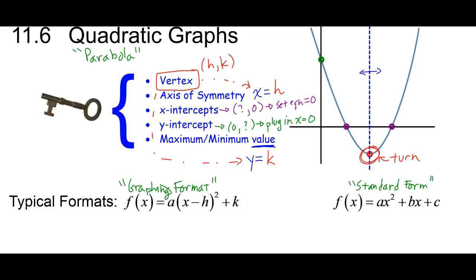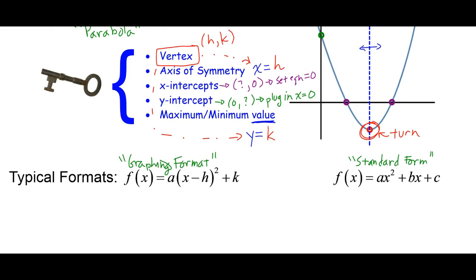But here's the thing. If you are trying to graph this thing, you're almost always going to start by figuring out where the vertex is. And if things are in graphing format, your vertex is right there. That letter H and that letter K, I didn't accidentally use the same letters that I used for vertex. I deliberately used the same letters.